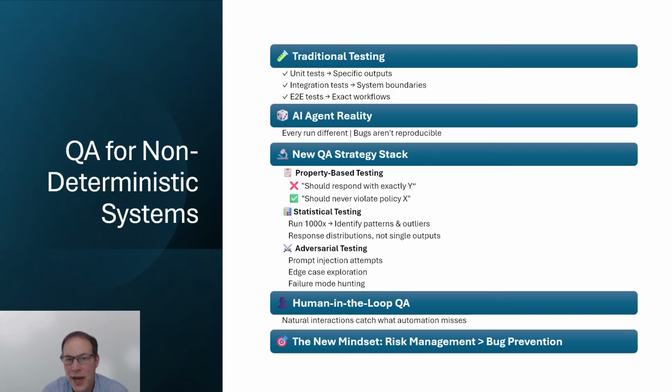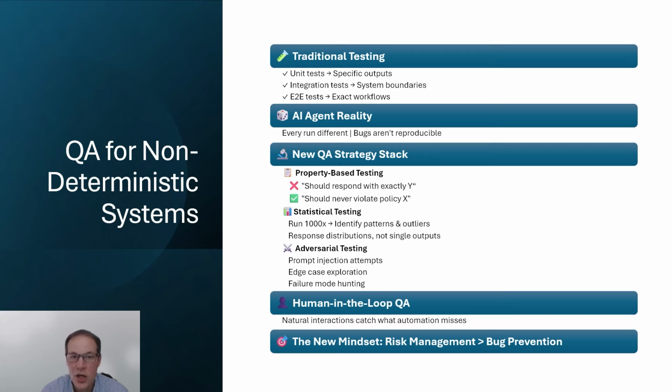You need property-based testing that verifies behavioral characteristics, not specific outputs. For instance, the agent never recommends a policy violation, rather than the agent responds with exactly something. You also need statistical testing that runs interactions hundreds of times, identifying response distributions and outliers.